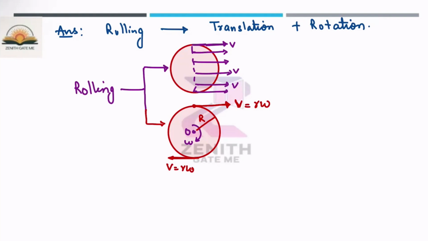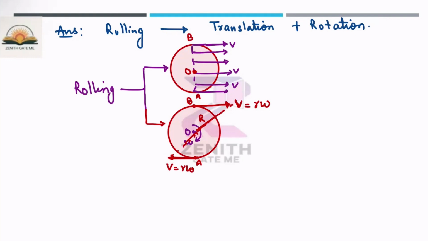Now, if you join these two points, let us suppose this is point a and this is point b. The velocity at point b will be in this direction and the velocity at point a will be in this direction from the rotation.